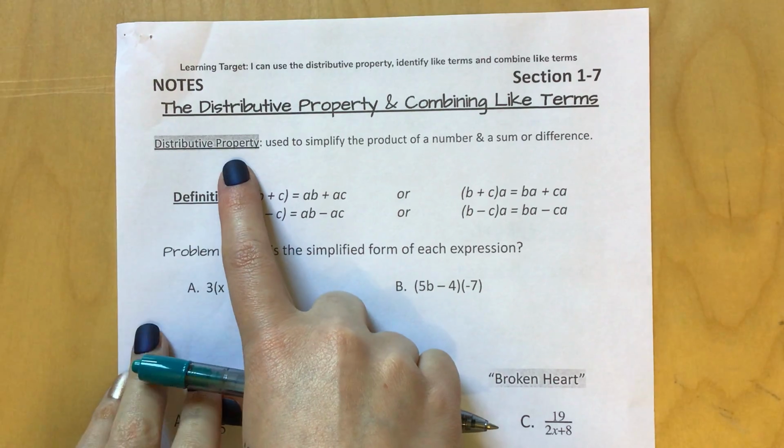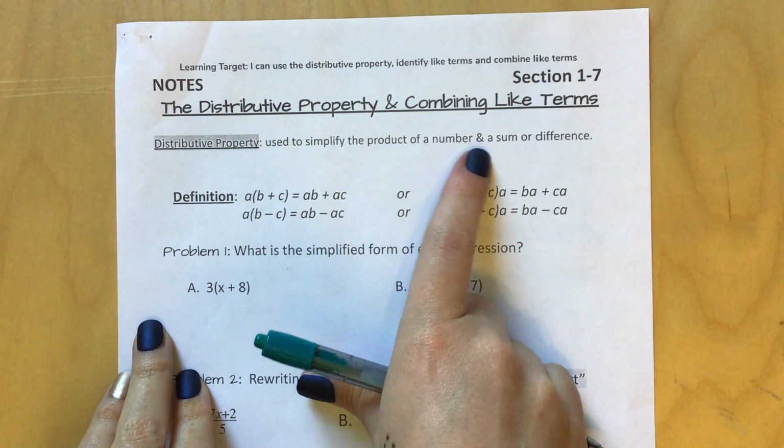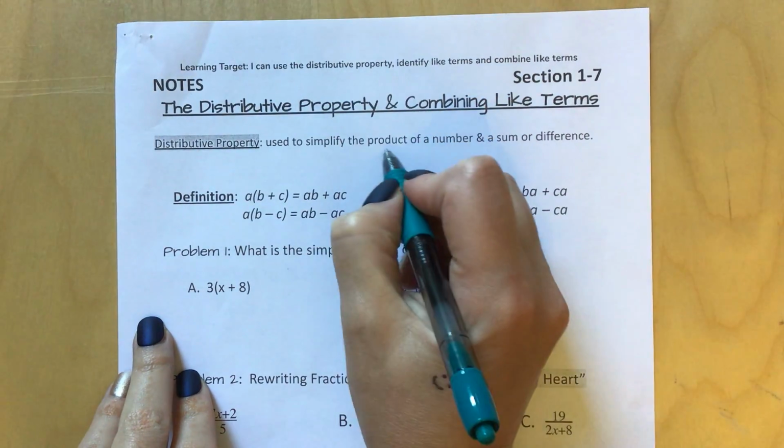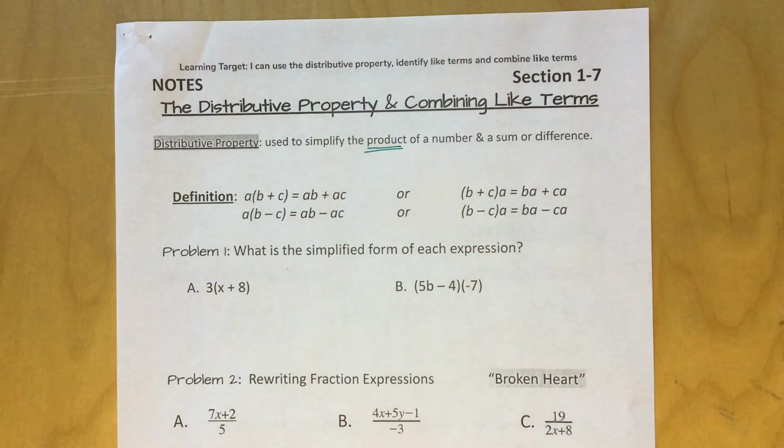First of all, what is the distributive property? Well, it's used to simplify the product of a number and a sum or difference. So first of all, it's important we're noticing the word product in there. So we are going to be multiplying with this.